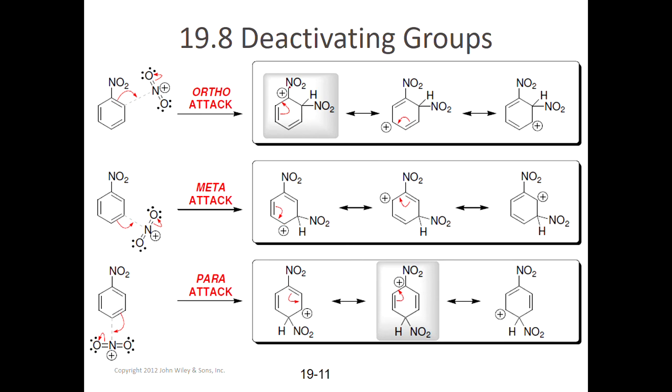So if the nitro group's already there and it's pulling electrons out and creating positives, that causes more repulsion, so it's less likely to occur. That's why all three of these reactions go through relatively high transition states, because in each case there's some positive on the ring and additional positive created by the nitro group, and that causes at least some repulsion. The closer those positives are, the more repulsion is created, right?